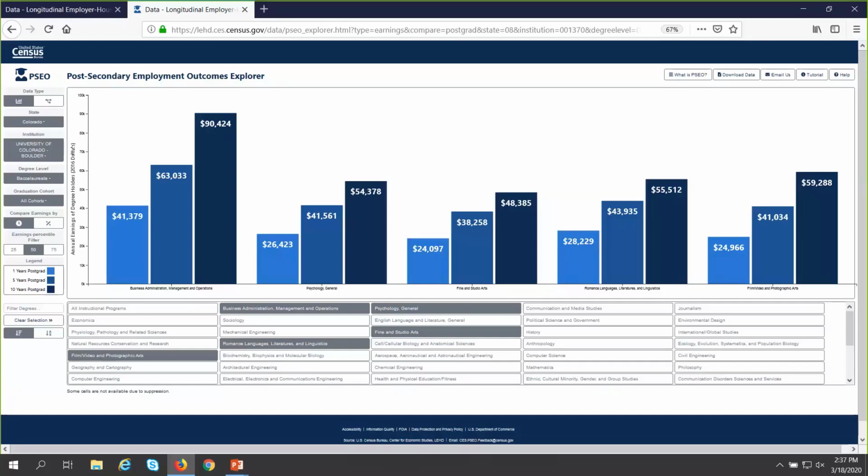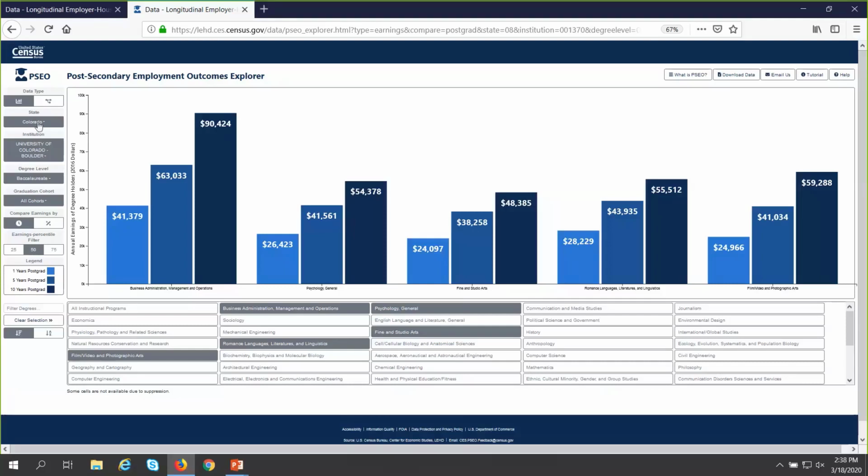And then, at least the narrative as I understand it from some of my research is that most of the individuals that are going back to get degrees are getting shorter certificates. And so to the extent that we have data on the earnings outcomes for those certificate programs, I think that tells more of the story.